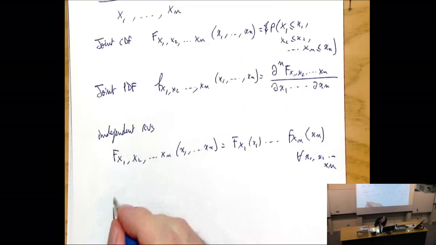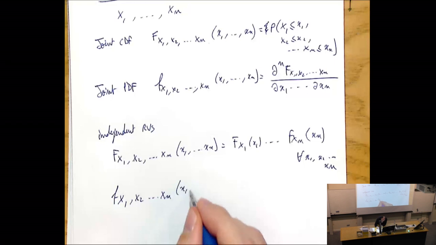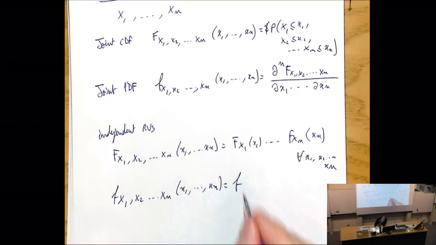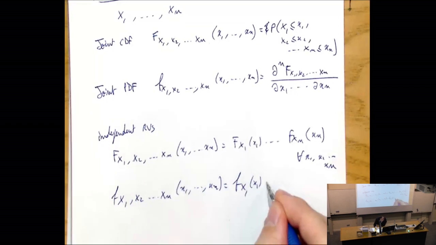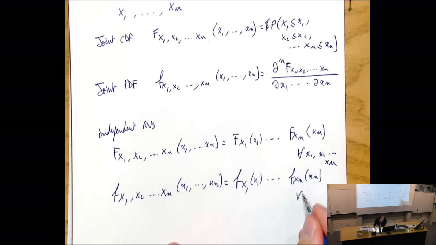Or equivalently, you can say the joint PDF of X1, X2 all the way to Xn is equal to the product of the marginal of X1 all the way to the marginal of Xn. And again, for all x1 to xn.